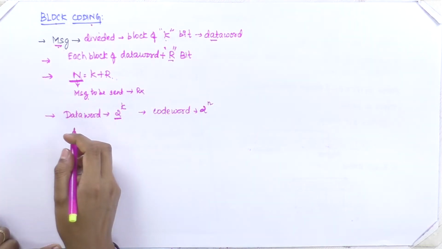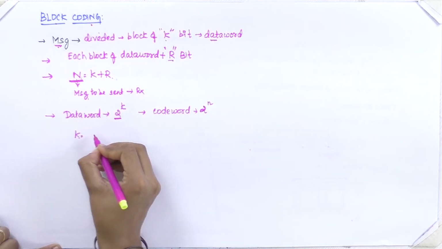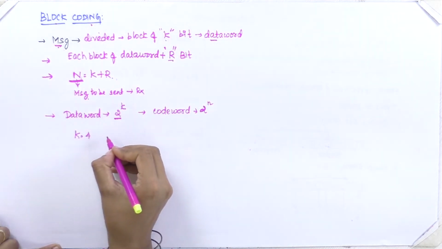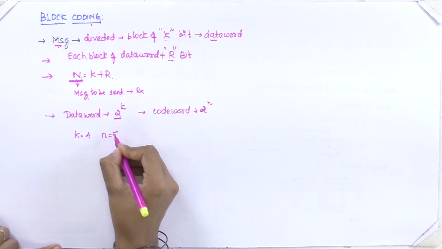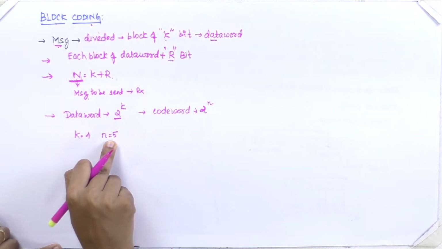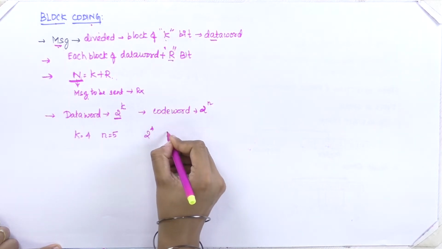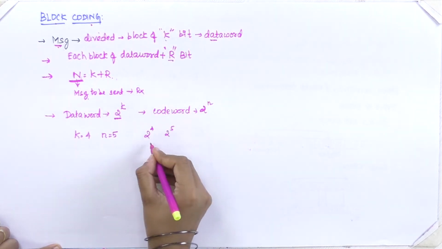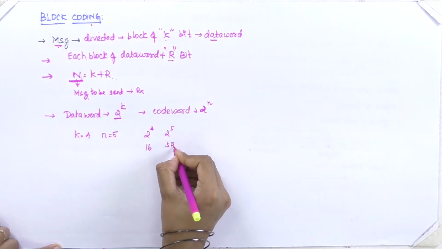If I take an example where my k is 4 bits and my n is 5, that gives 2 power 4 and 2 power 5. 2 power 4 is 16 and 2 power 5 is 32.